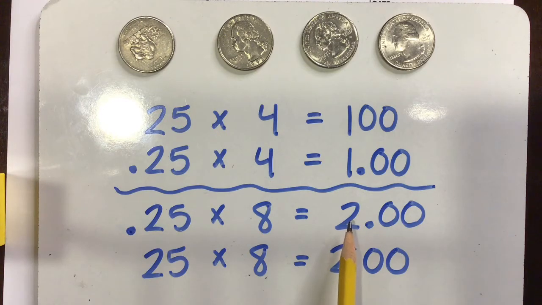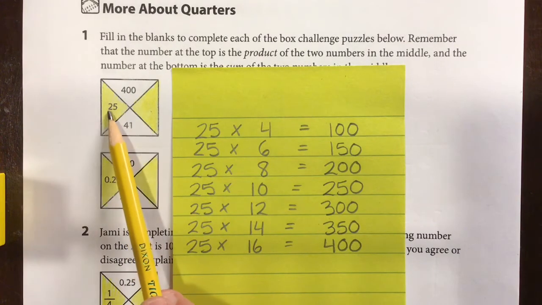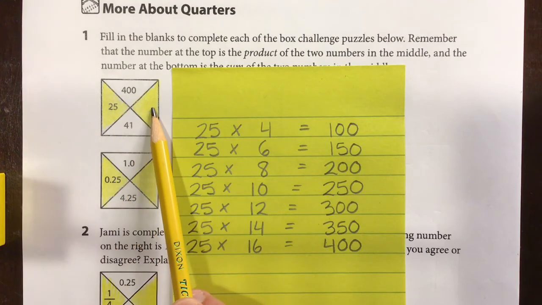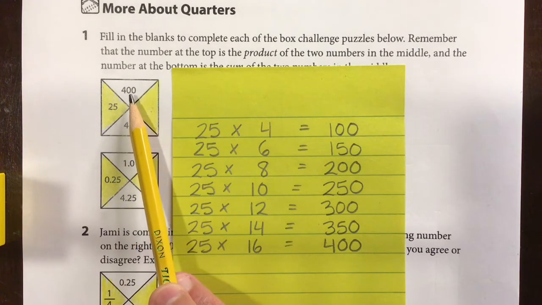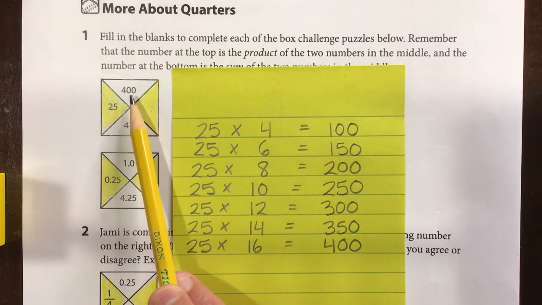I can also think about 25 times 8 equals 200 cents. So for our first box challenge puzzle, we have 25 times what equals 400, or think about this as 25 cents times what number makes $4.